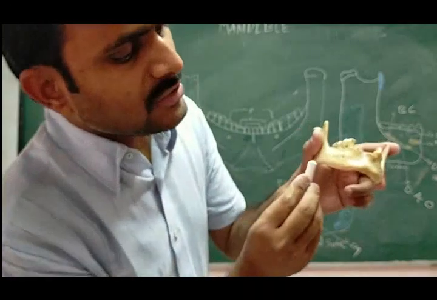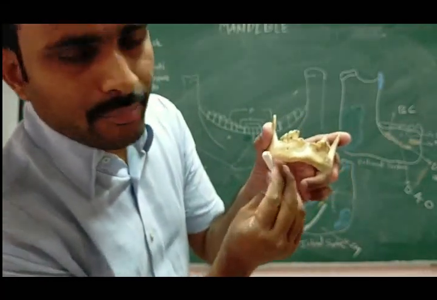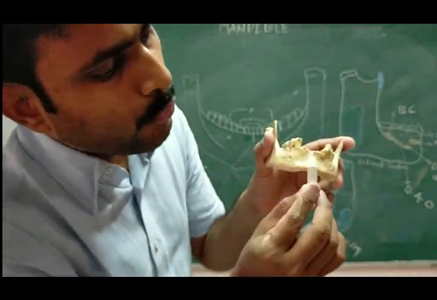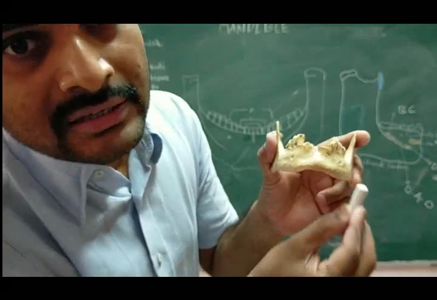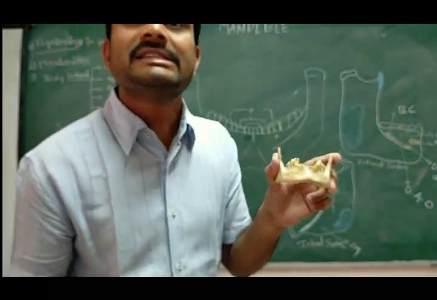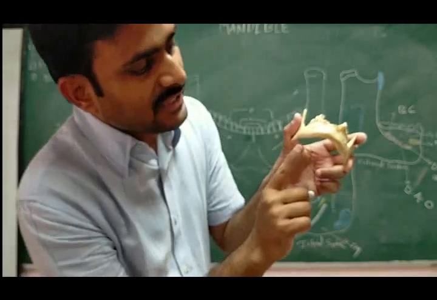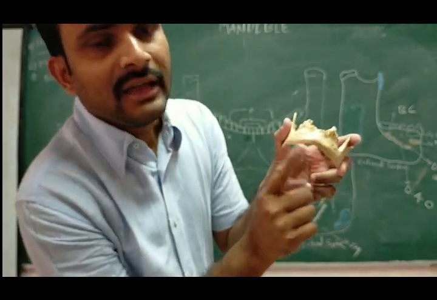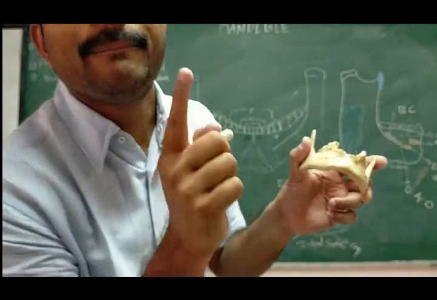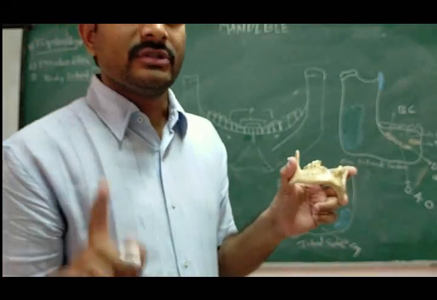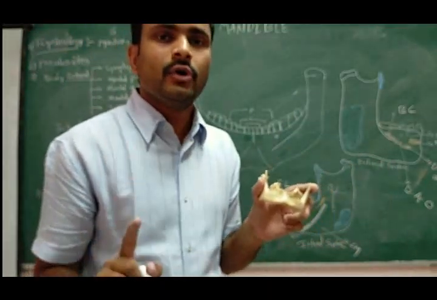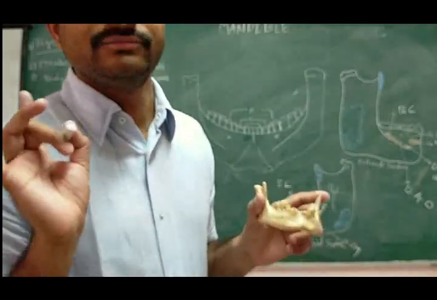And at the outer margin of the base, one more muscle gets attached. That muscle is called the platysma. So the investing layer is attached to the inner side and the platysma to the outer side. So this is about the body of the mandible.